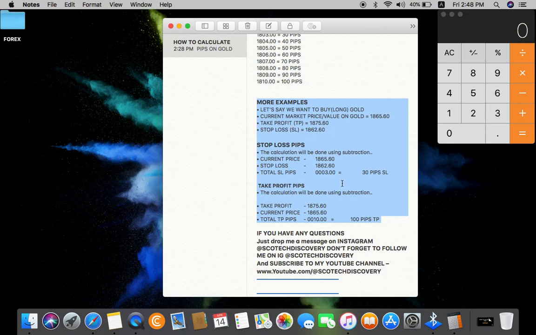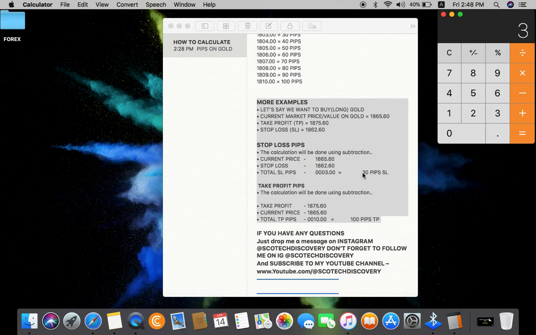So you will need to just minus the current price, which is the bigger price: 1865.60 minus 1862.60. So you see we have 3, which actually is 30 pips, right?